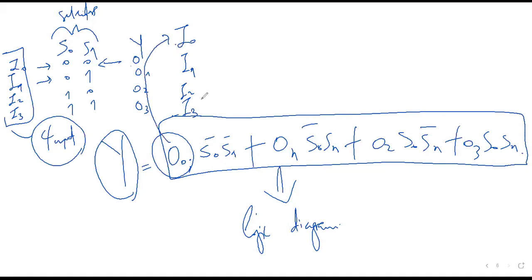My input. This equation can also be the same as this. My output is in terms of that input. I have selectors S1, S0.